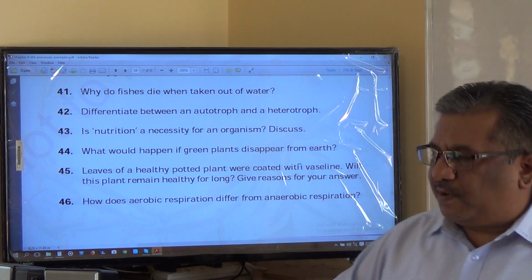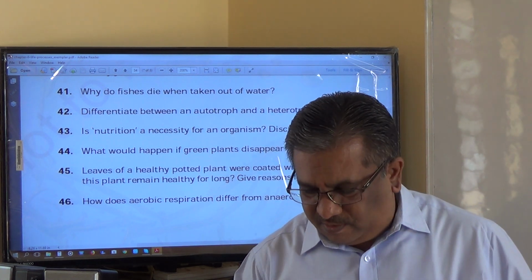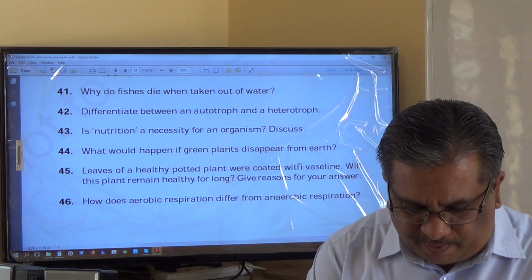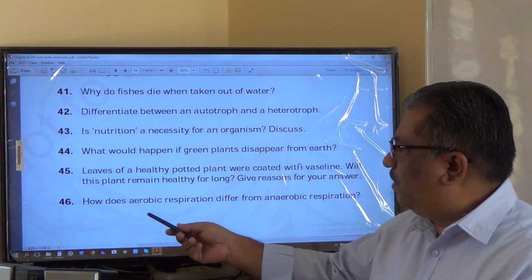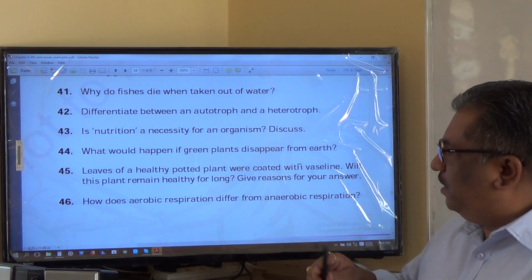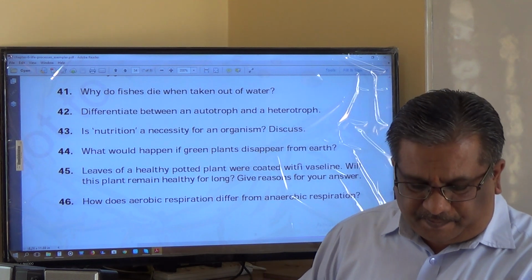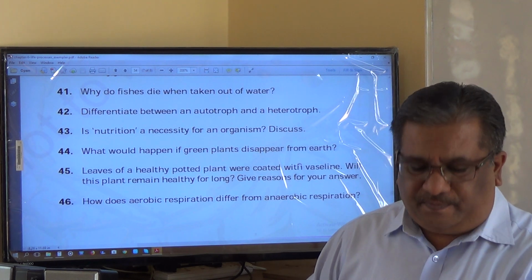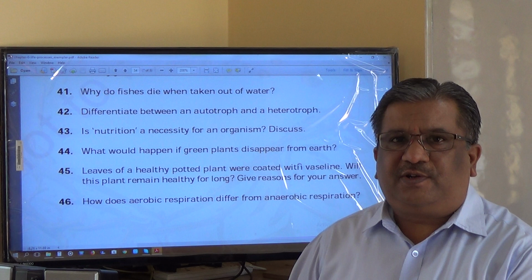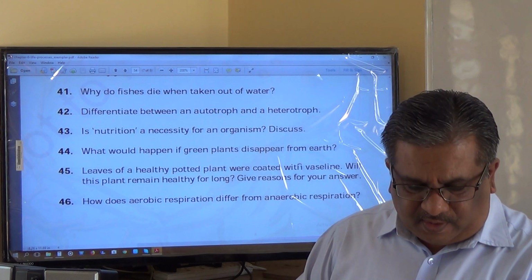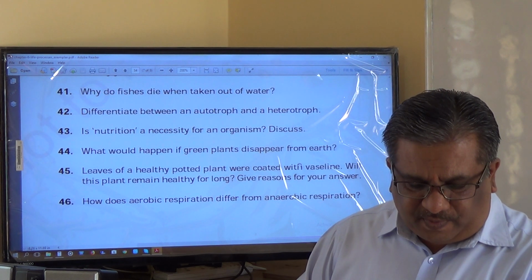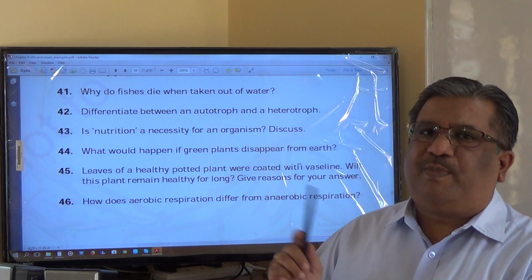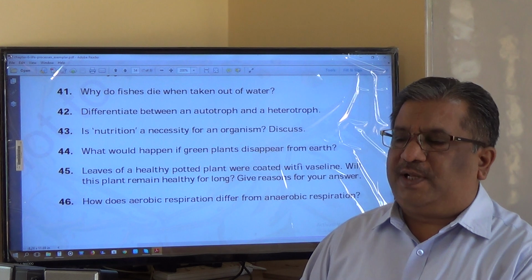How is aerobic respiration different from anaerobic respiration? I'll read this from your book. Very neatly it is given. In aerobic respiration, oxygen is utilized. In anaerobic respiration, oxygen is not utilized. In aerobic respiration, the conversion of glucose into pyruvate takes place in the cytoplasm.